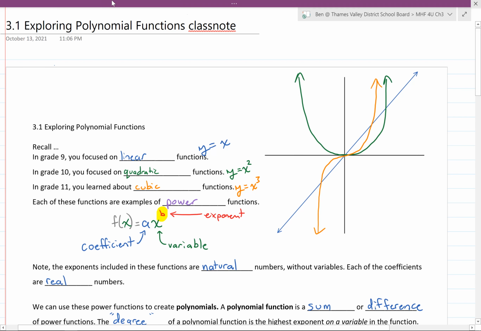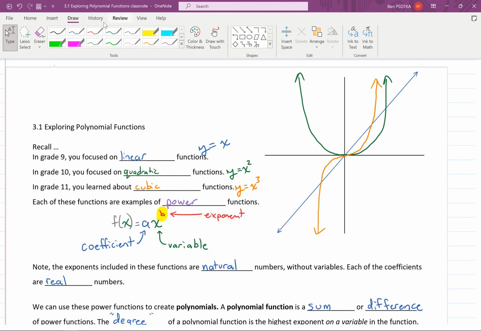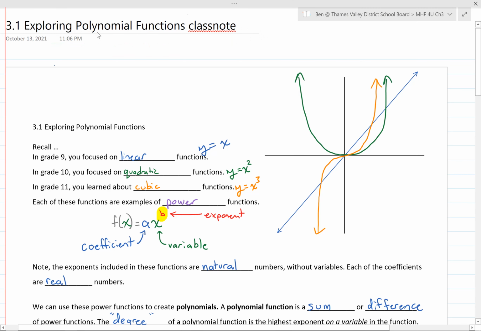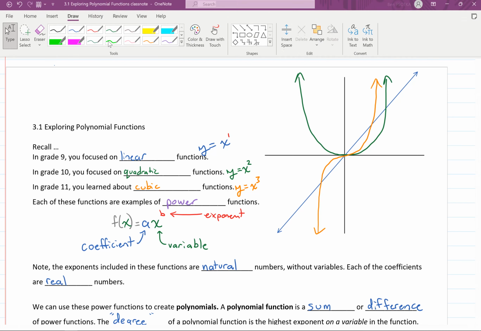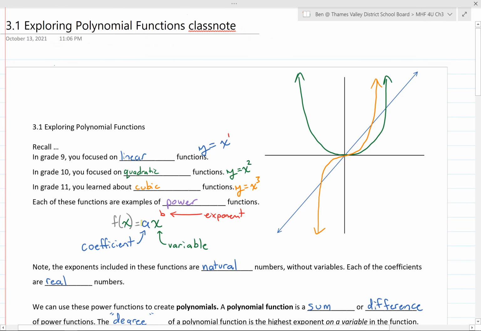Right now, you might say, well, there's not really an exponent on my linear function y equals x. Yes, there is. There's a hidden exponent of 1. Right, so a power function will look like this.